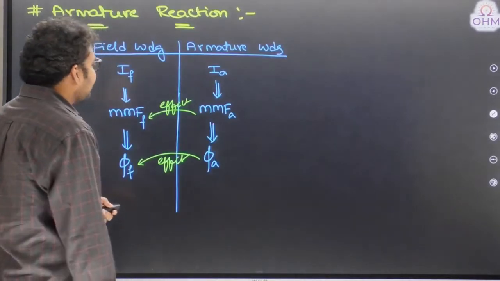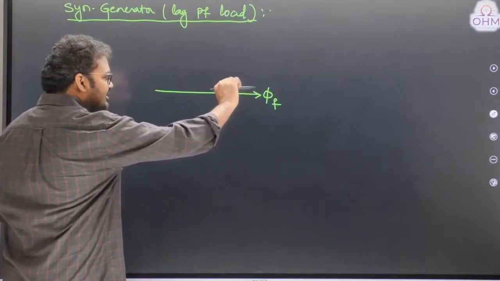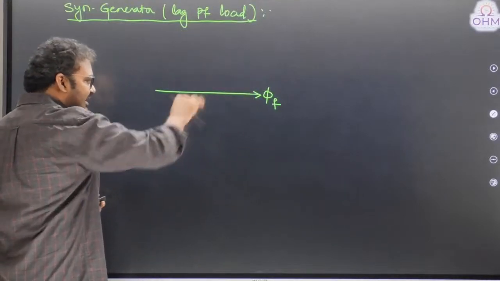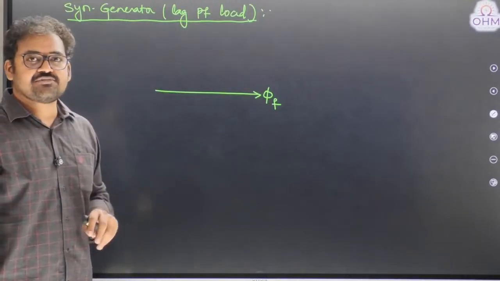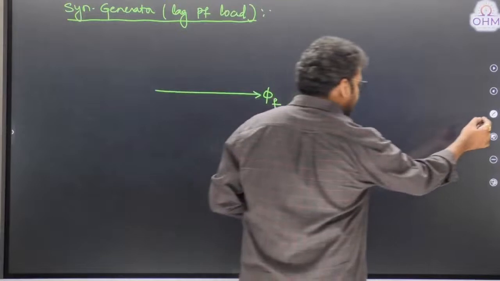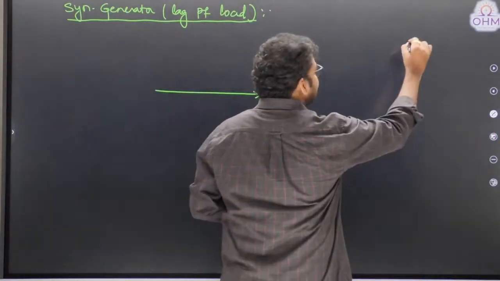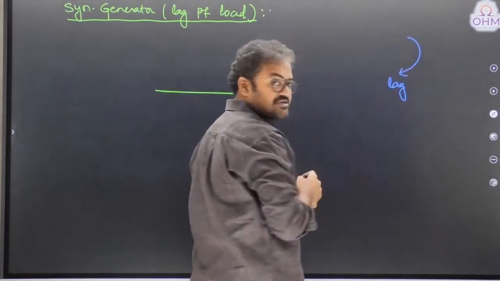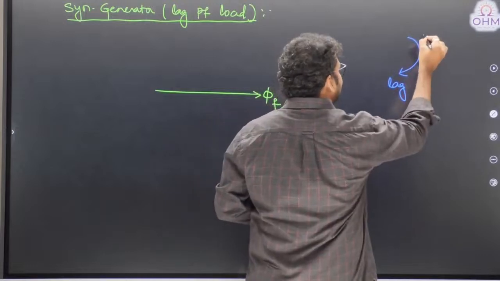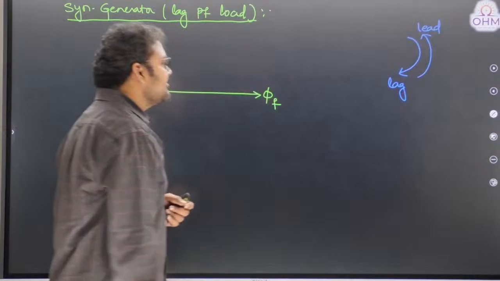So if I apply that concept, this is the field flux. Therefore, the field induced EMF will lag this flux by 90 degrees. How do you draw a lagging phasor? In case anybody doesn't know, any phasor rotating in clockwise direction is a lagging phasor, and any phasor rotating in anti-clockwise direction is considered a leading phasor.